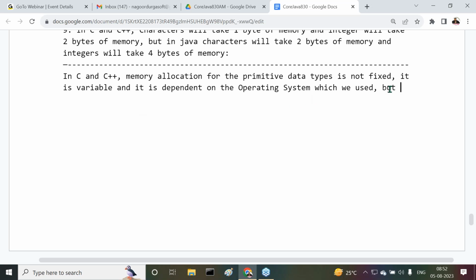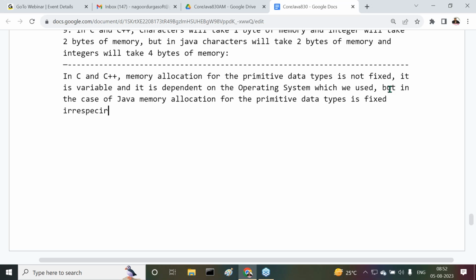Observe carefully. In the case of Java, memory allocation for the primitive data types is fixed, irrespective of the operating system which we use.